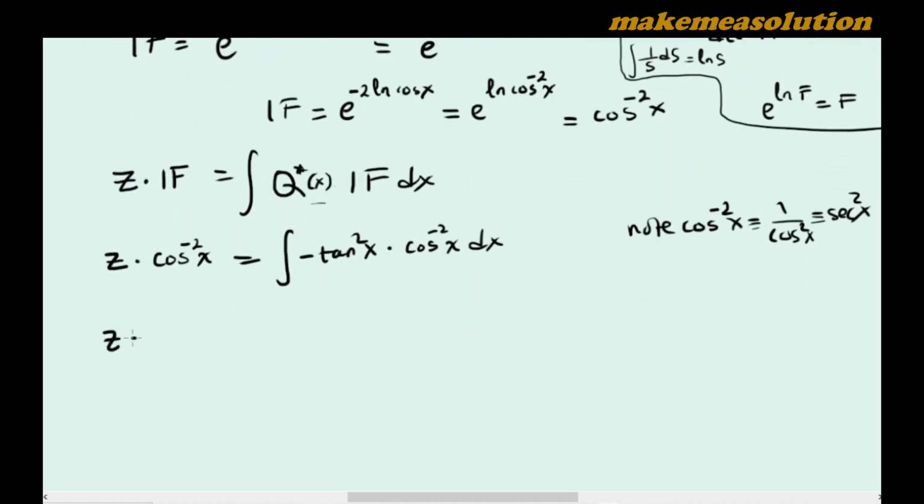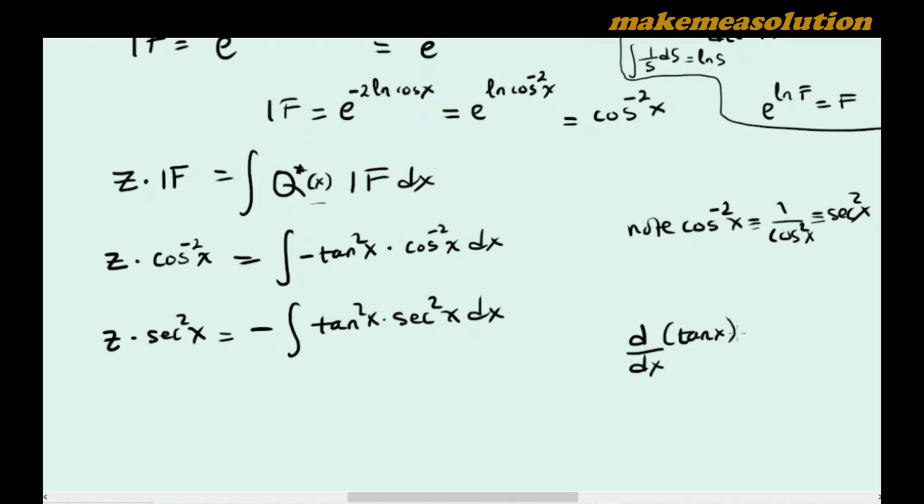So z is actually multiplying sec squared x here, and this is negative integral of tan squared x times sec squared x dx. So the earlier you see this, the better for you. Now to carry out this integration, I want you to note that when you differentiate tan x with respect to x, you're going to get sec squared x.